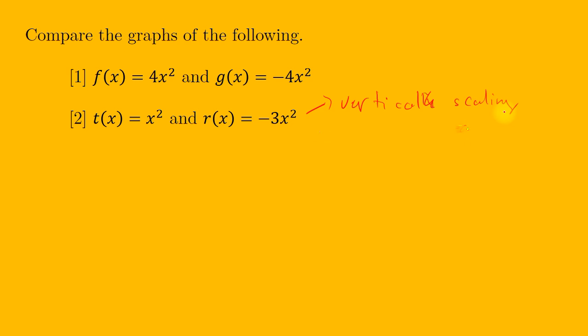Meaning, after it is being scaled vertically by a factor of 3, it is being reflected along that axis. Okay, so if we're going to do that, it's like this.